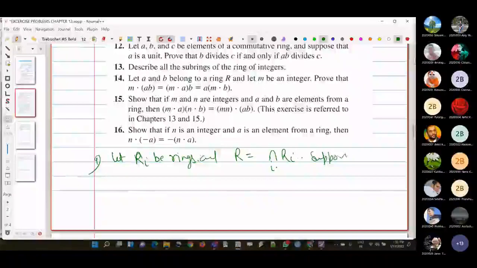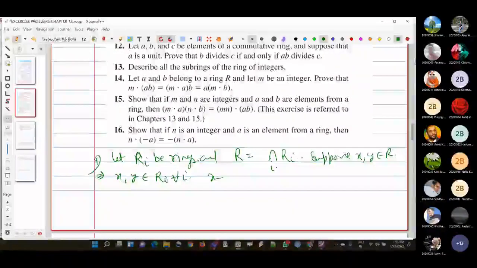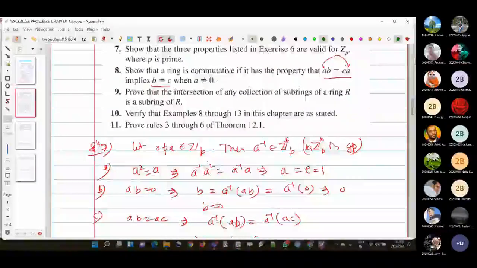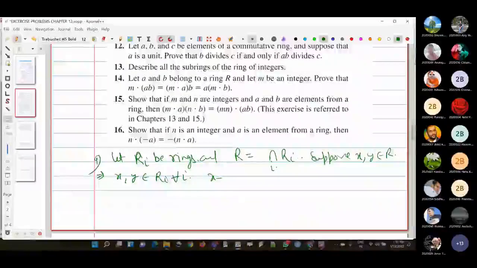Suppose there are elements x, y belonging to R. This implies that x and y belong to Ri for all i. They are telling subrings, so let me write here subrings.